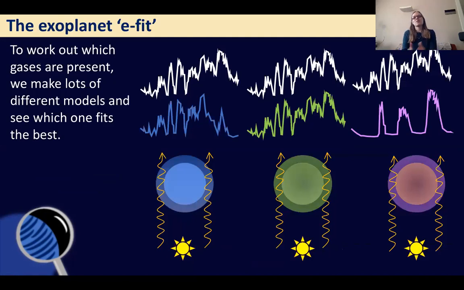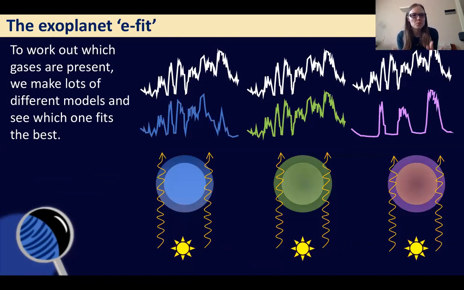But of course, in reality, it's more complicated than that. Often we can't just take a quick look and say, yes, this is definitely sodium or potassium or water vapor. Certainly, when we go further into the infrared and we're looking at molecules, so things like water vapor and carbon dioxide, rather than atoms like sodium, the features tend to overlap with each other.